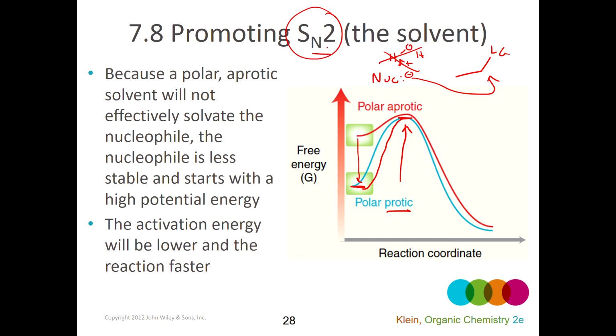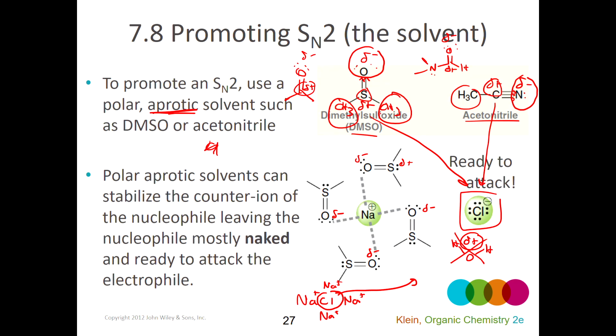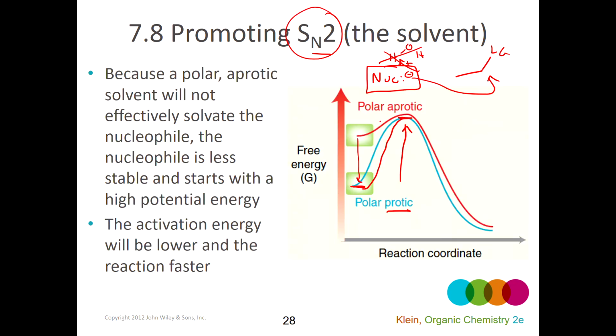If we want the nucleophile to attack right away, we want the nucleophile free. We want it naked. We don't want it surrounded by solvent molecules that will prevent it from attacking. So a polar aprotic solvent doesn't form very strong attractions to the nucleophile. It can't hydrogen bond to the nucleophile. It can only form weaker dipole-dipoles that are somewhat blocked by these methyl groups that are often crowding it out a little bit on either side of the atom that carries the most partial positive.